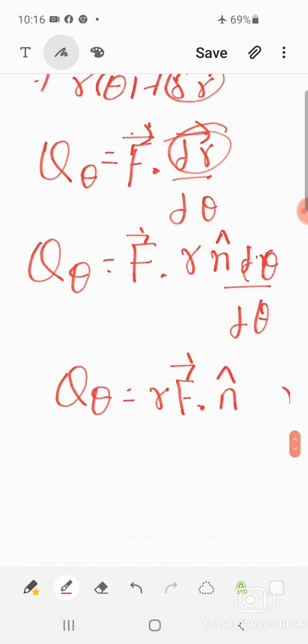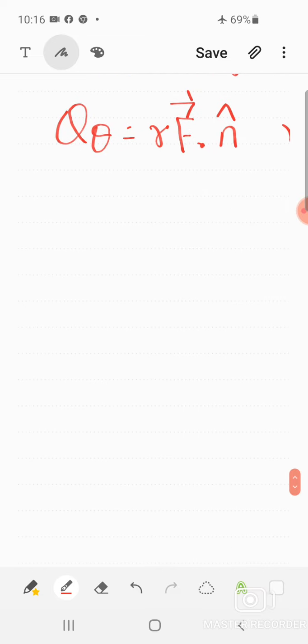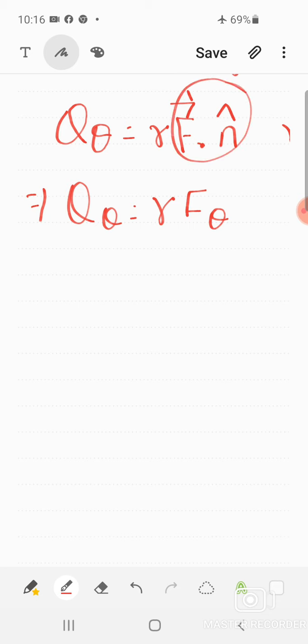Then we can simply write it as Q theta equal to r F theta, where this factor represents the F theta.